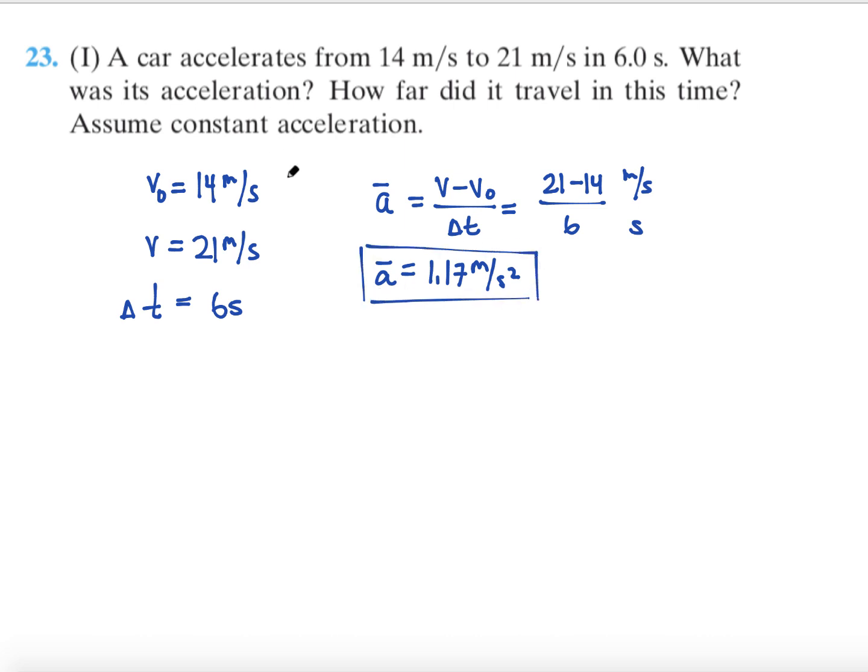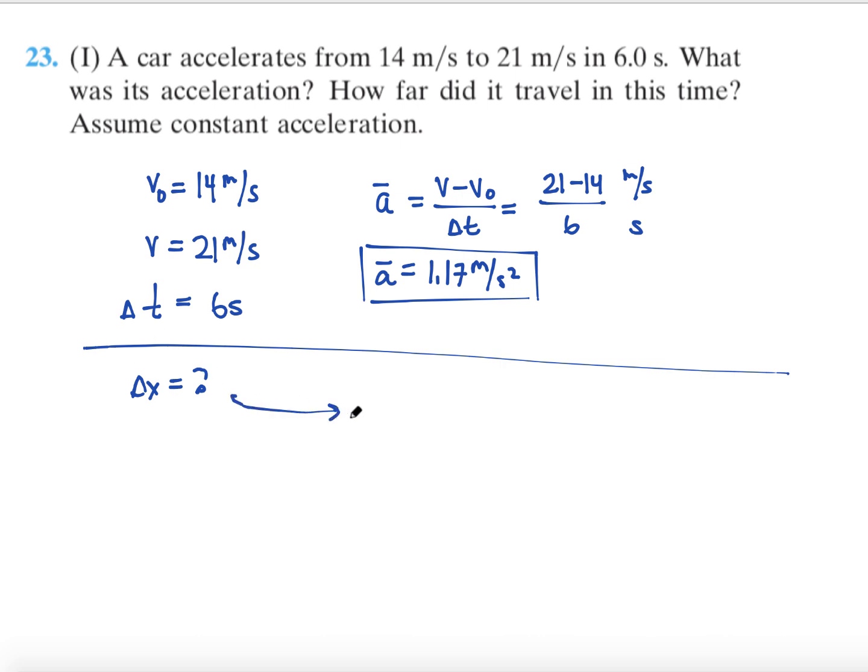So the second question is, how far did it travel in this time? Now I want to use my initial and final velocities and my acceleration, and I want to look for delta x. I want to know how far it moved, or how far it changed positions. So I have velocity, initial and final, and acceleration, and I'm looking for delta x.